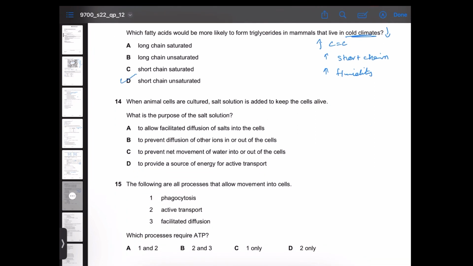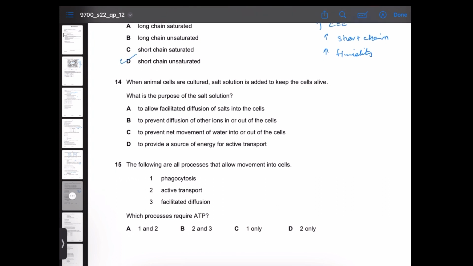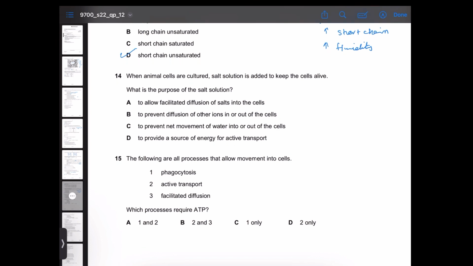Okay, when animal cells are cultured, salt solution is added to keep the cells alive. What is the purpose of the salt solution? To facilitate diffusion of salts into the cell, to prevent diffusion of other ions in or out of the cells, to prevent net movement of water in or out of the cell, to provide a source of energy for active transport.